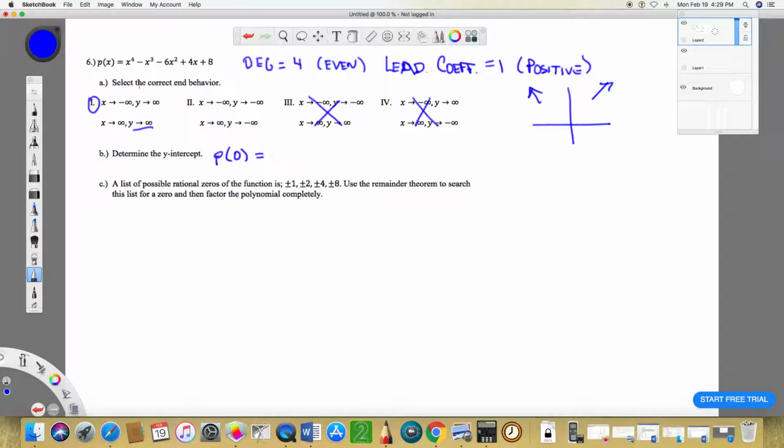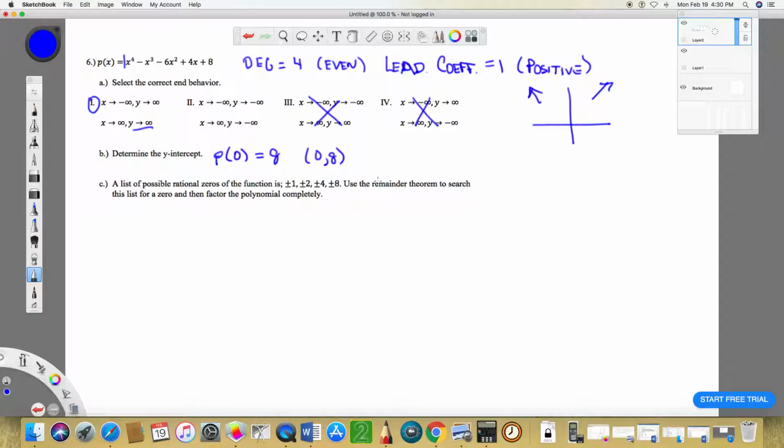If we let x be 0, then we'll be on the y-axis at 8. So that has coordinates 0, 8. And we'll see when I return that by looking at the factors of the leading coefficient and the factors of the constant term, we can generate a list of possible x-intercepts, possible zeros of this function.